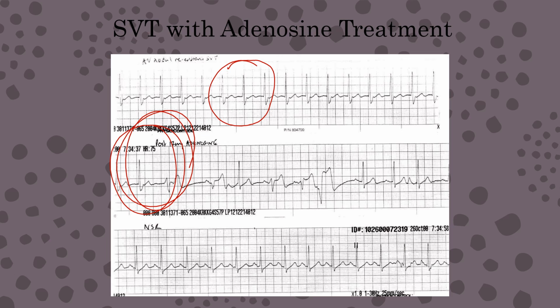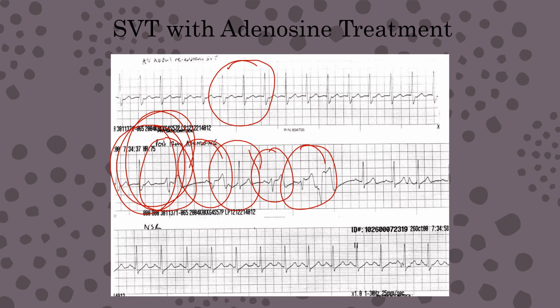Adenosine has a really fast half-life, so you have to give it IV push and you flush behind it. So all of a sudden you've got these funky beats coming in here. That looks like a normal QRS, but you've got sort of some opposite deflection, looks like maybe some ventricular beats.